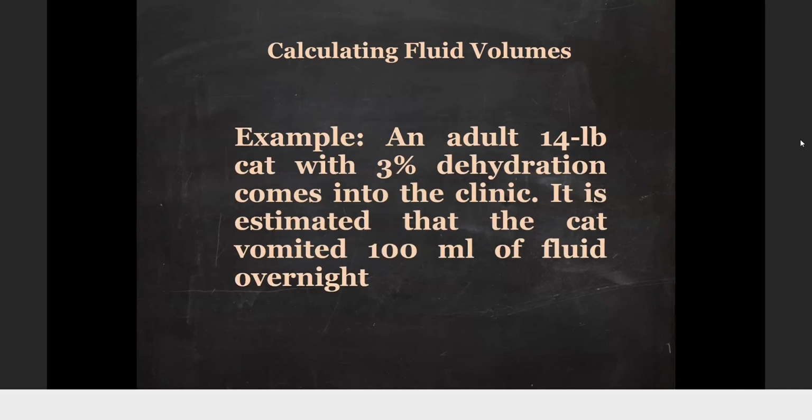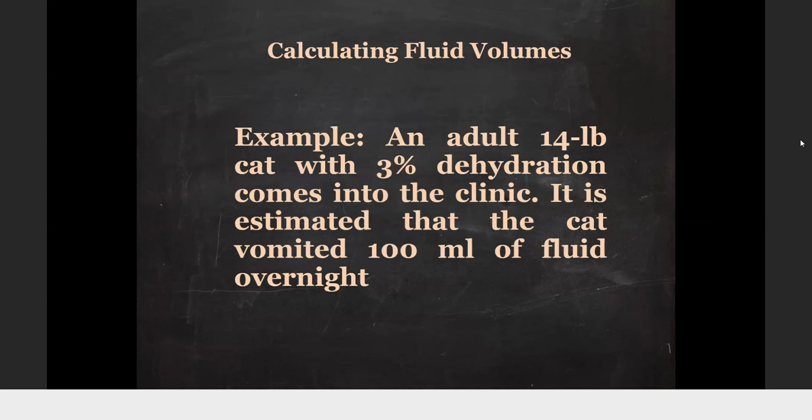Okay, example: you have an adult 14 pound cat with 3% dehydration that comes into the clinic. The 3% dehydration is always based on assumptions, a subjective estimation by the veterinarian. It's estimated that the cat vomited 100 ml of fluid overnight.